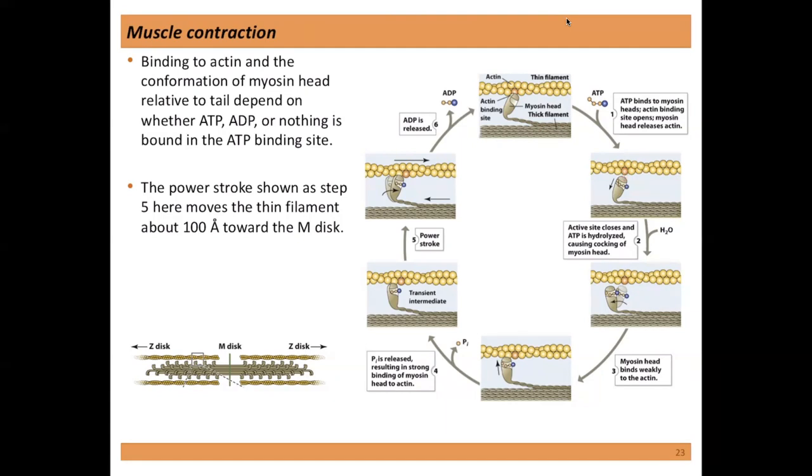As the ATP binds, you actually cock or move the myosin head. Here you can see it has an acute angle, and then it gets a more obtuse angle as it binds the ATP. And as it's in this cocked position, it will weakly interact with the actin filament again.